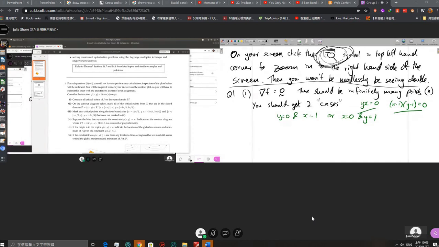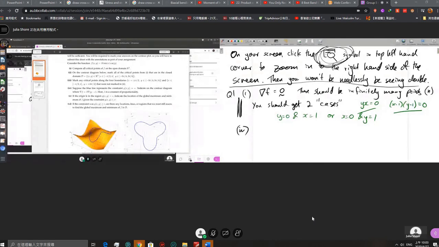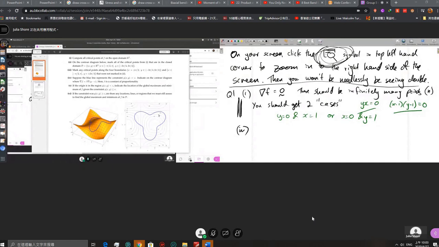So part 2. So as it says, on the contour diagram, mark all the critical points that are in this domain. So of all the points you calculated in part 1, just mark them all on the graph. That's the plot here. So you have 2 images, and then there's the one on the right.